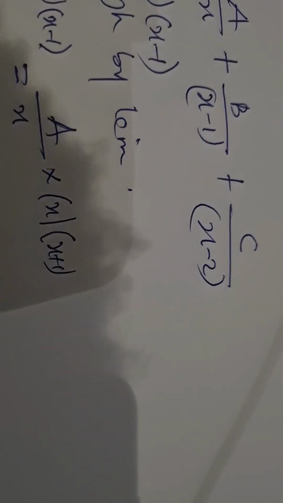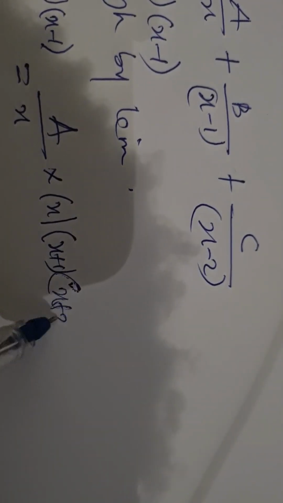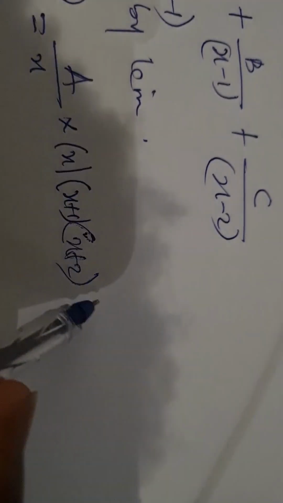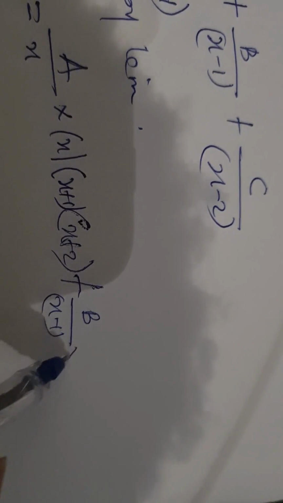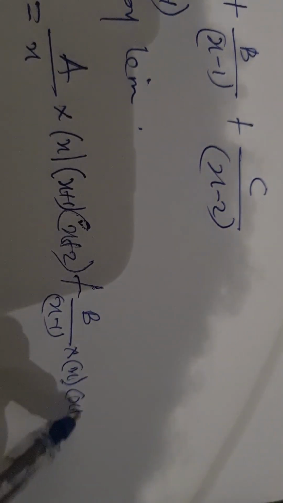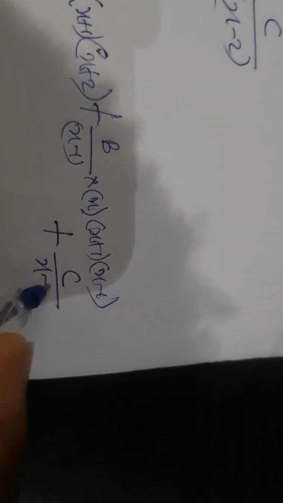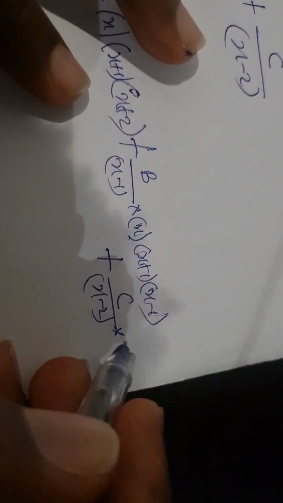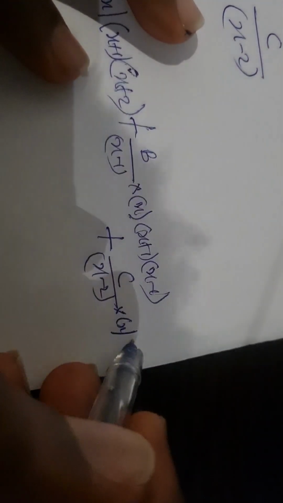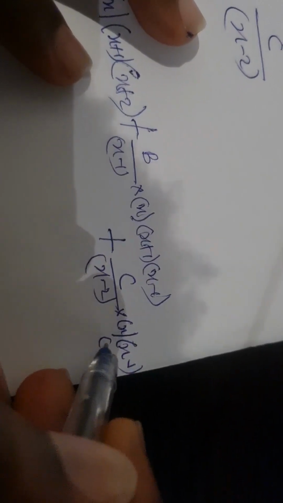Plus b over x minus 1, multiplied by x plus 1, x minus 1, right? Plus c over x minus 2, so multiply by x minus 1, x plus 1.